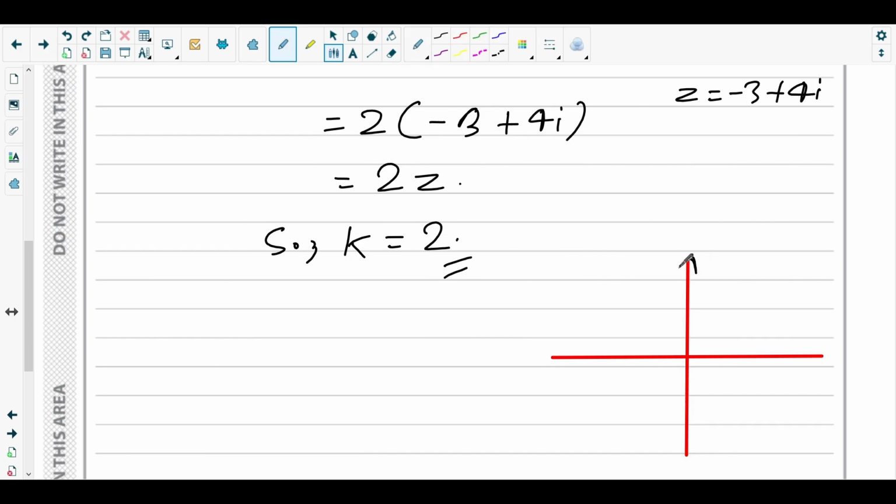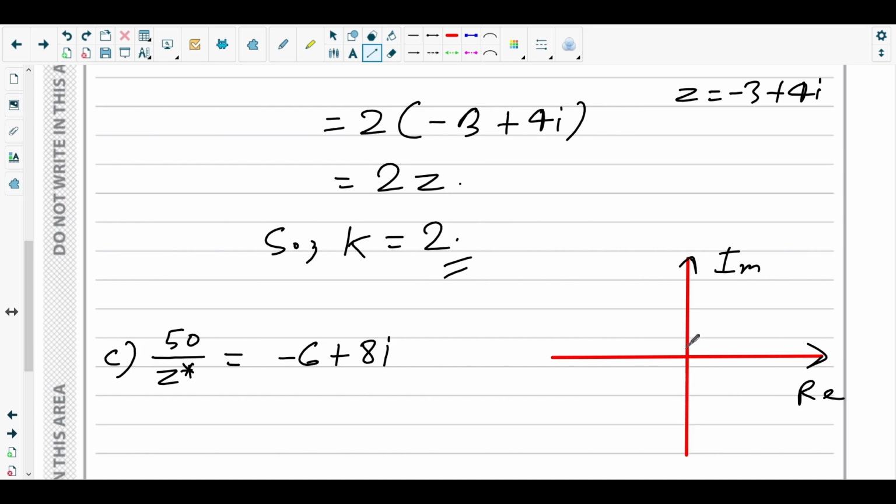So this is the real axis, this is the imaginary axis. 50 over z star for part C was negative 6 plus 8i. So negative 6 plus 8i, it will go to the left and then up 8i. So the vertical component is basically 8 and this is 6.